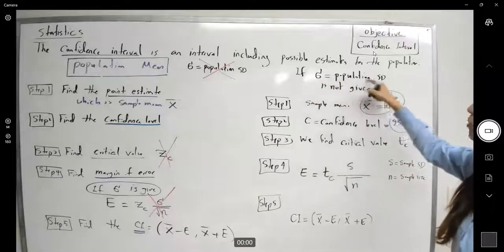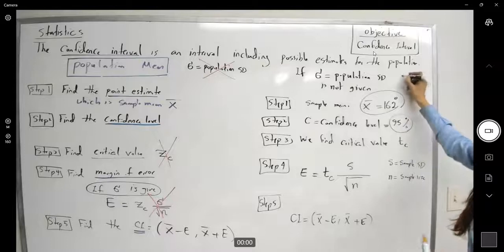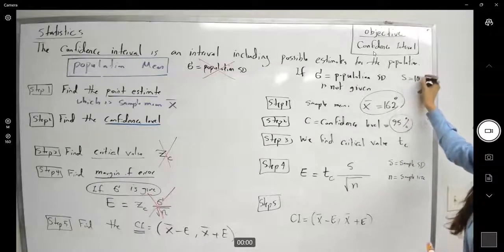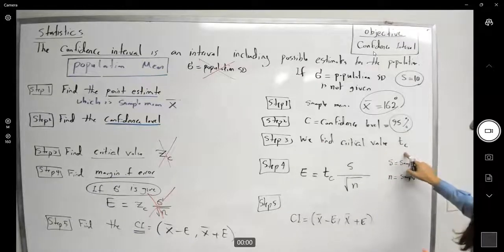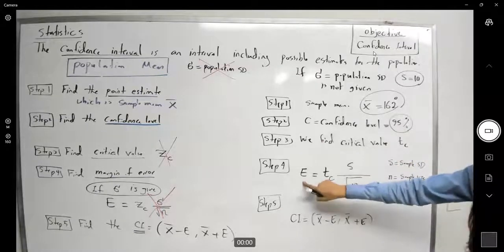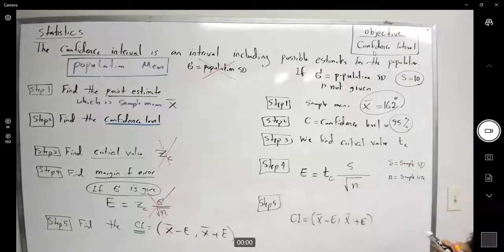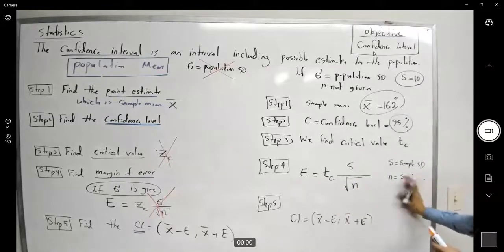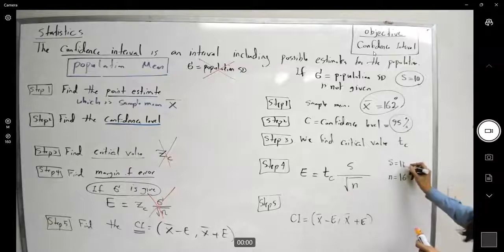Note that the population standard deviation is not given; the sample standard deviation is given, which is 10. E is equal to TC times S divided by square root of N, where N is the sample size, 16 coffee shops, and S is 10.